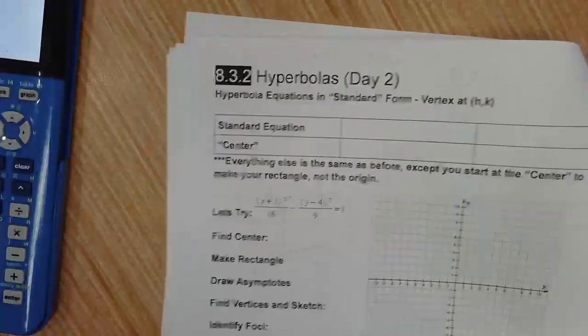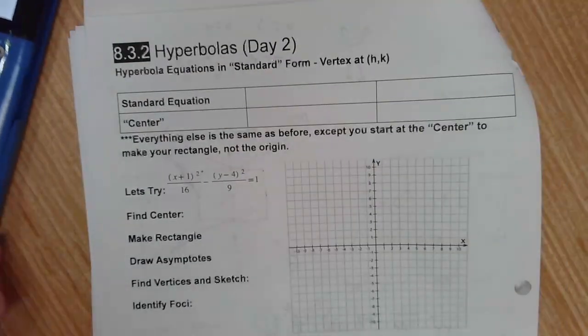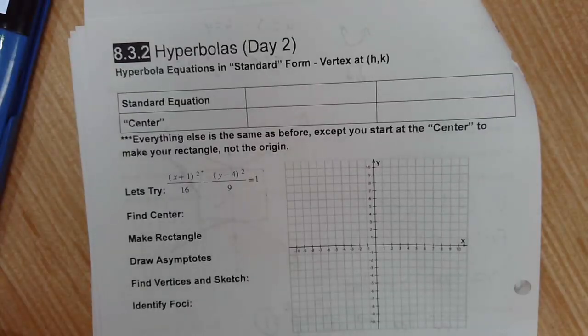Let's look at the second day, though. When we change the center, that does change things a little bit. So this is when things get a little more complicated. We just add that h and k to the numerators of our equation, right?